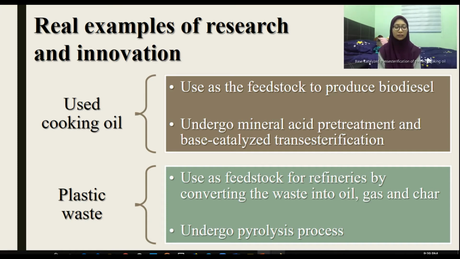And the last one is base catalyzed trans-esterification of pre-treated used cooking oil to produce biodiesel by optimizing the influencing parameters to obtain approximately 94% of fatty acid methyl ester. The physicochemical properties of the synthesized biodiesel from used cooking oil must conform to the ASTM standards, which provide the minimum level of quality for biodiesel regardless of fuel source.